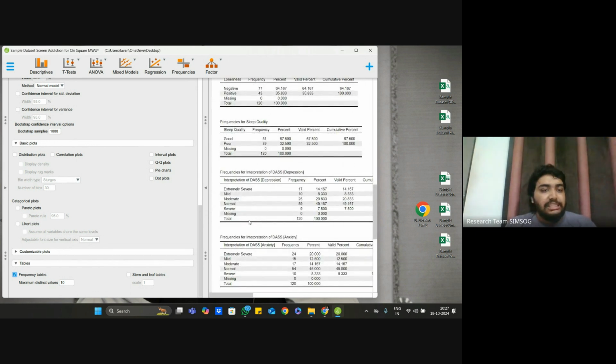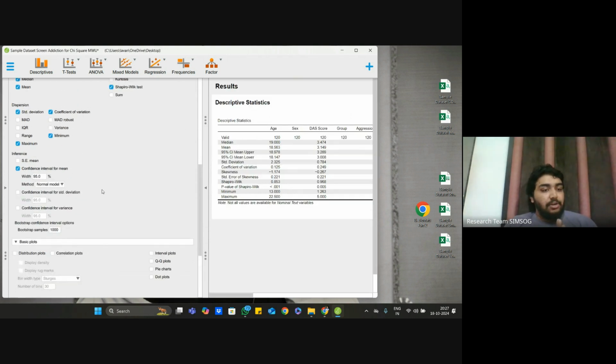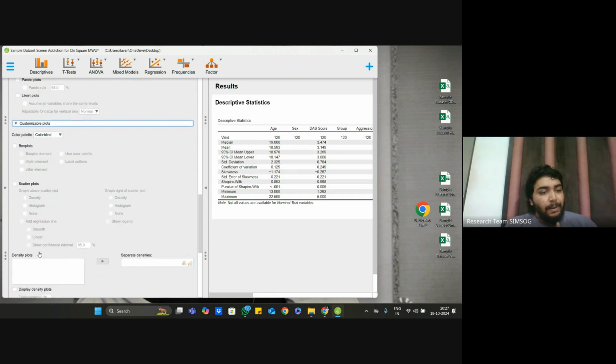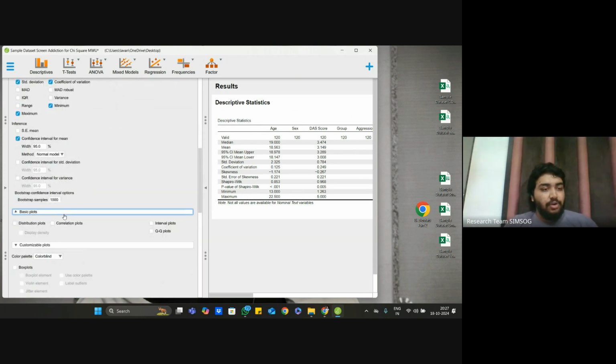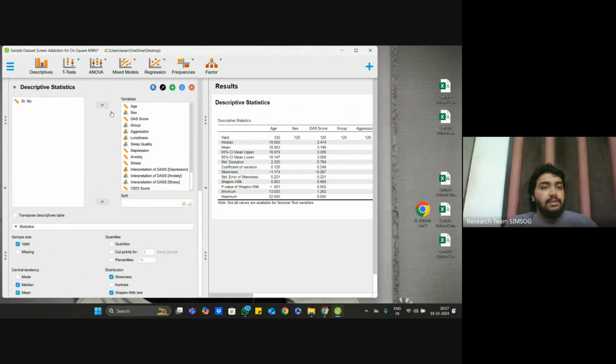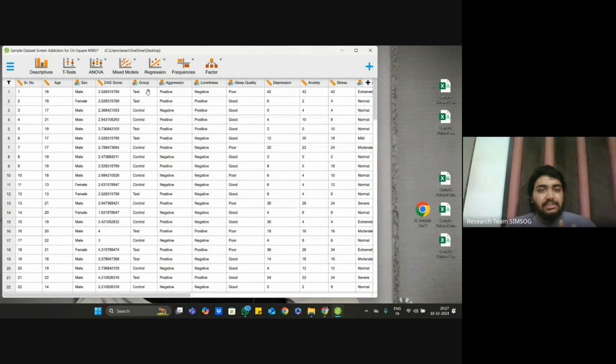Basically for qualitative variables, if you want to find the percentage and frequency, go to tables and click on frequency tables. I hope this is understood till now. Similarly, you can find out plots also. But you can experiment with the software later on. Okay, this is now done. I'm just erasing it for the sake of keeping it clean.